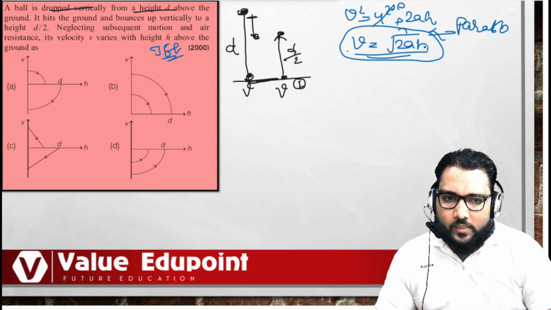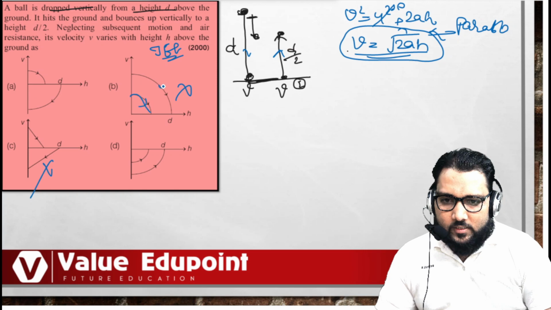So for this parabola curve, this option will not come, and this will not come either, because in the first case the height is decreasing and in the second case the height is increasing. But in this case the height is increasing in both the curves, so this will not be the curve. Again in this case the height is increasing.